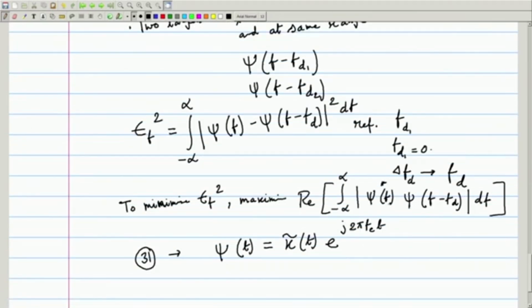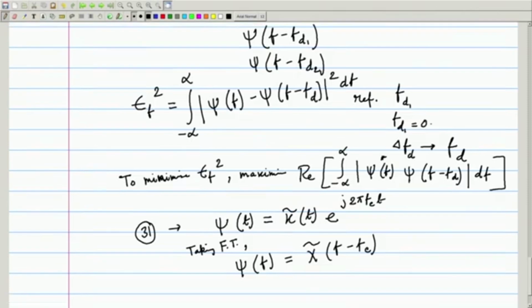Here I have got psi f type of thing, so I need to take the Fourier transform of this. Taking the Fourier transform, psi of f will be x of f minus f c. This is a shifting property, I think all of you know.